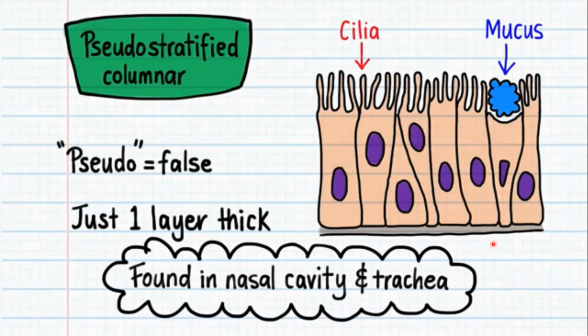At first glance, it looks like it consists of more than one layer, but if you look closely enough, it is just one thick layer. The pseudostratified columnar epithelial tissue can be found in the nasal cavity and trachea, and there are cilia attached to the layer which can trap mucus that goes through it.